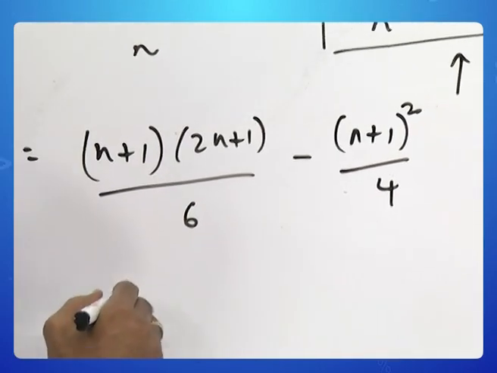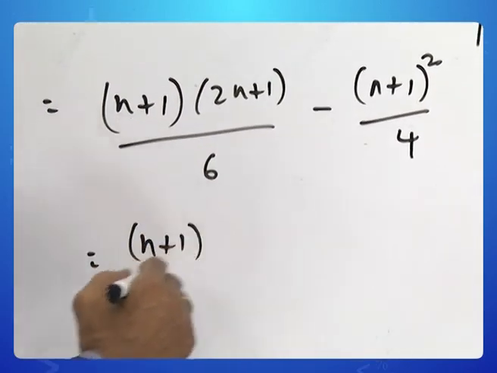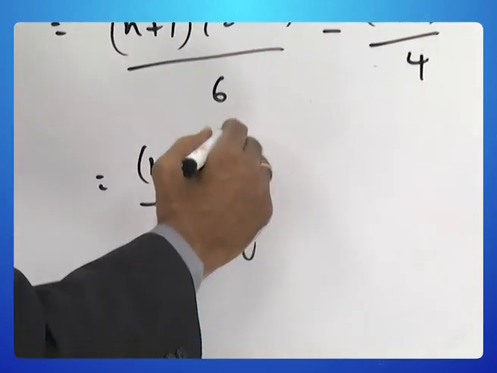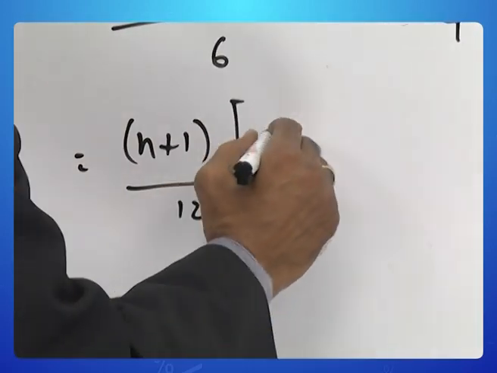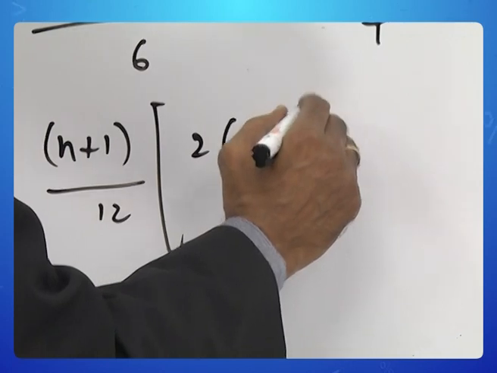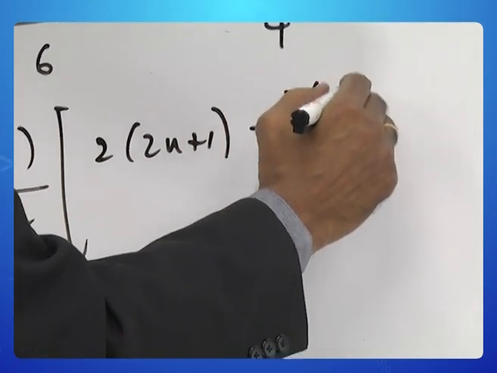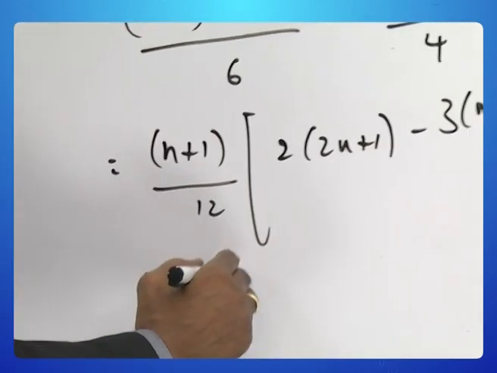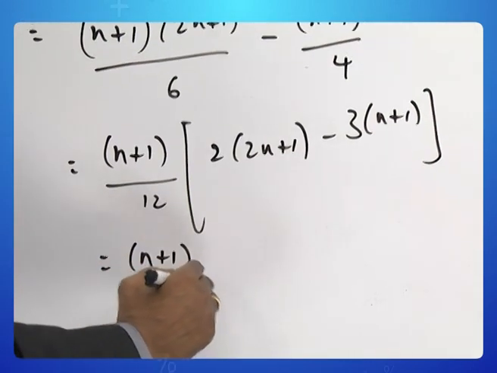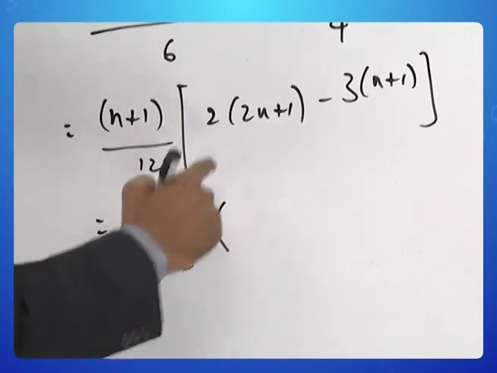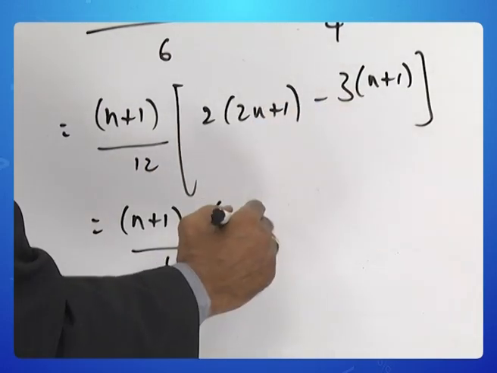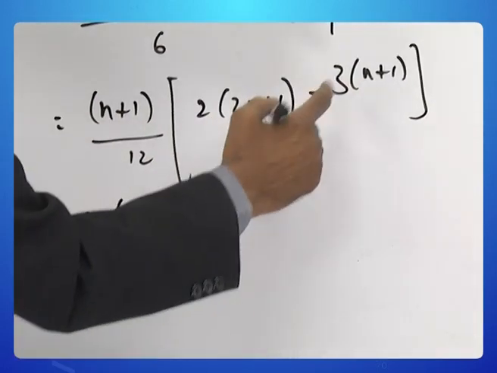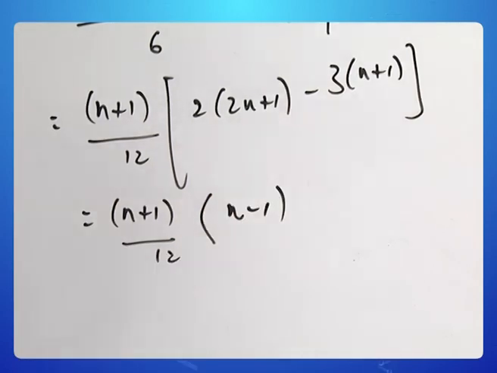So, you can take n plus 1 by 12 as a common factor. You will have 2 times 2n plus 1 minus 3 times n plus 1. So, this makes it n plus 1 by 12 into 4n minus 3n is n, 2 minus 3 is minus 1.